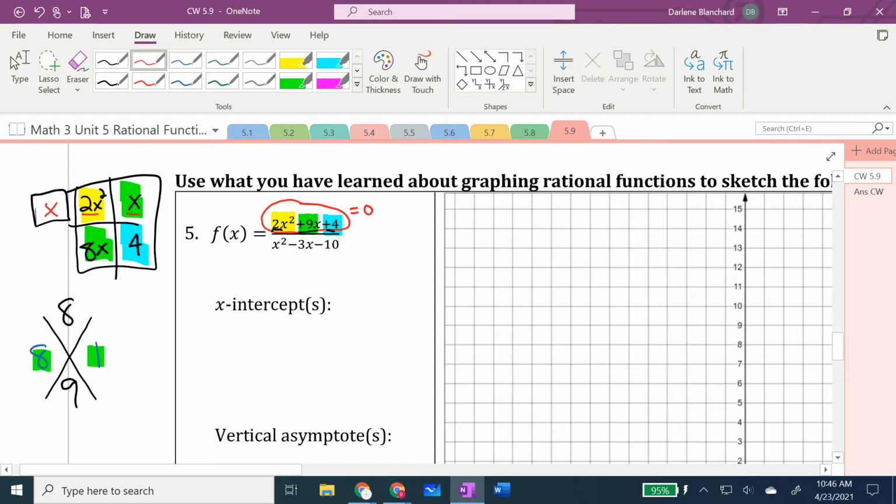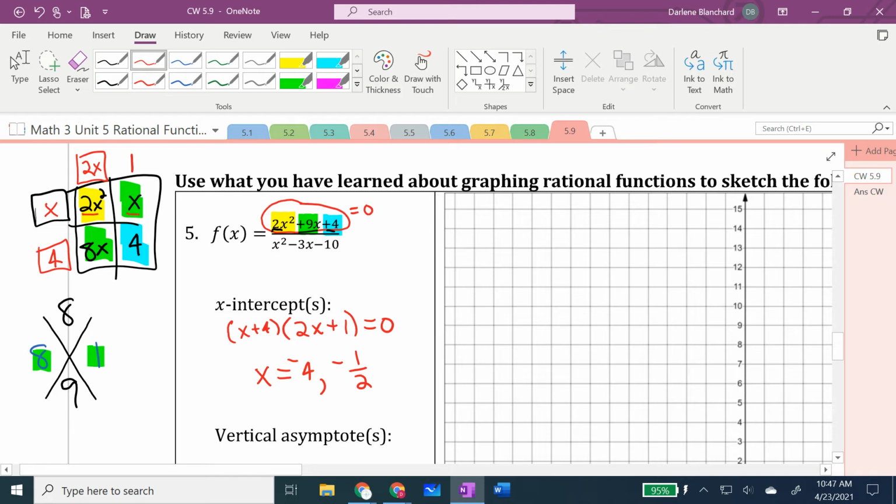Just x. Then x times 2x will give me 2x squared. And then 2x times 4 will give me 8x. I've got one of my factors. For the other factor, x, I just need a 1 here. X times 1 and 4 times 1 will give me that second column. So 2x plus 1 is my other factor. And solving for those being equal to 0, I'm getting negative 4 and a negative 1/2.